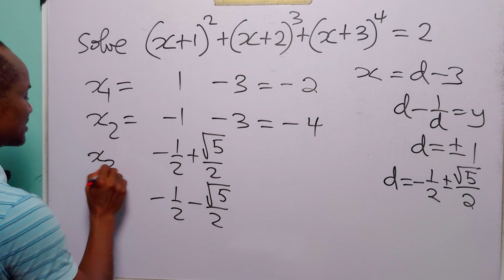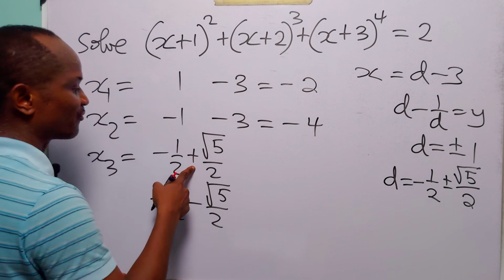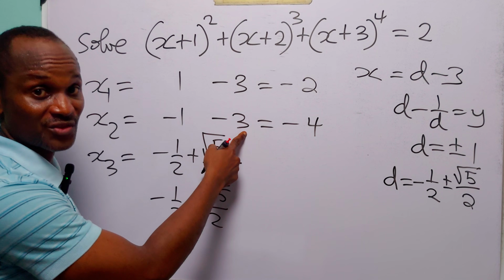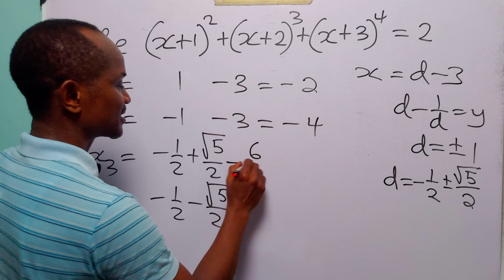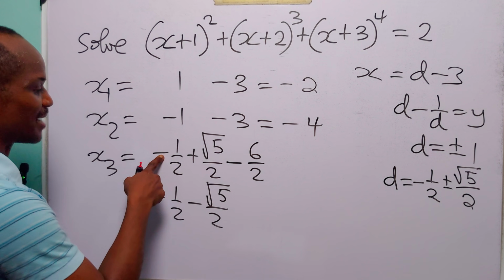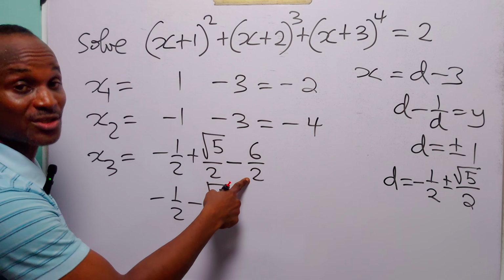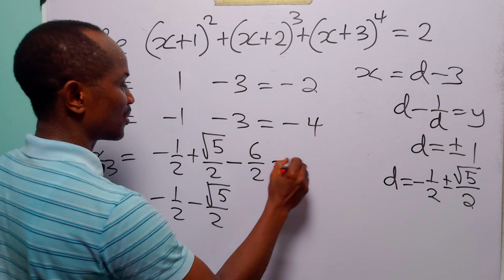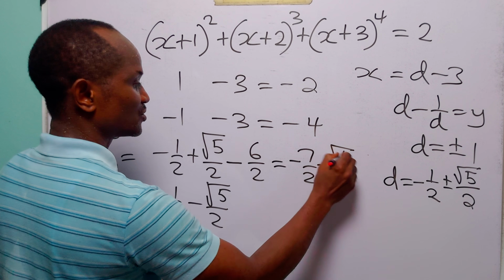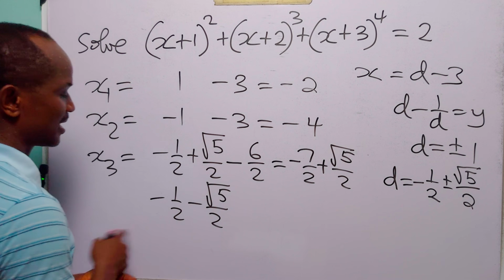In the third case, we have minus half plus root 5 over 2 minus, now instead of 3, let us write 6 over 2. Now when we add these two, we have minus half minus 6 over 2. Of course, this is equal to minus 7 over 2 plus root 5 over 2.